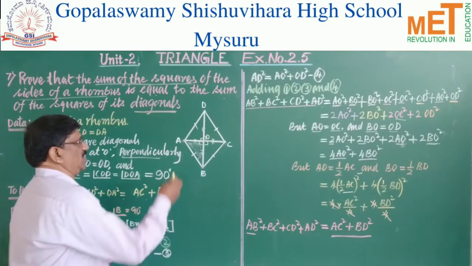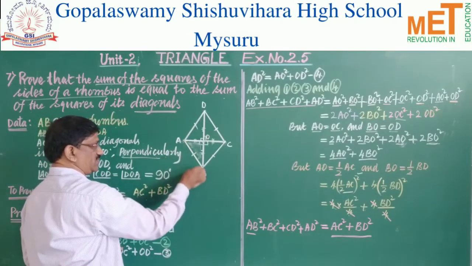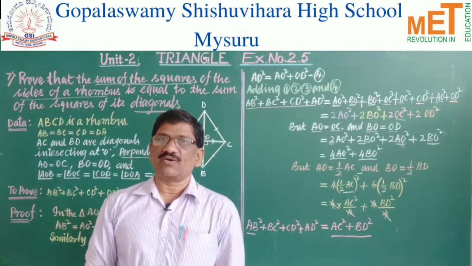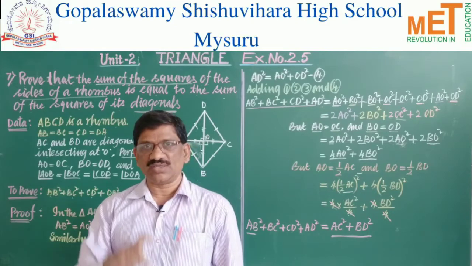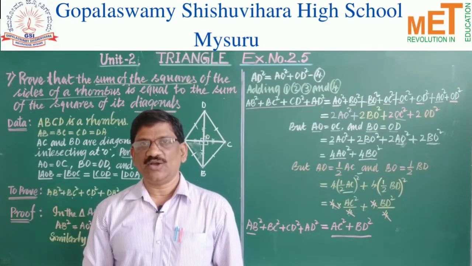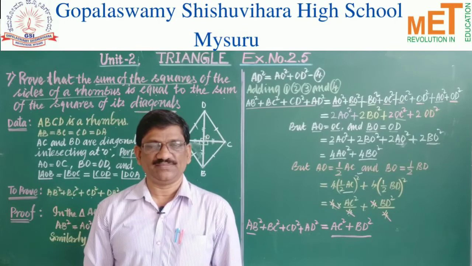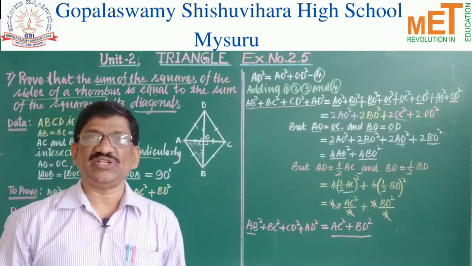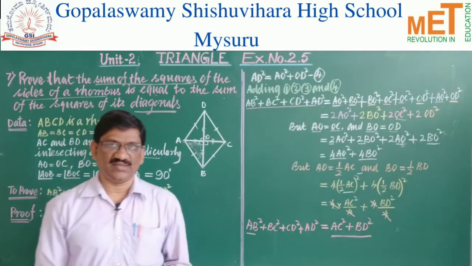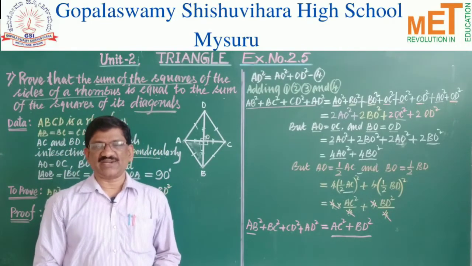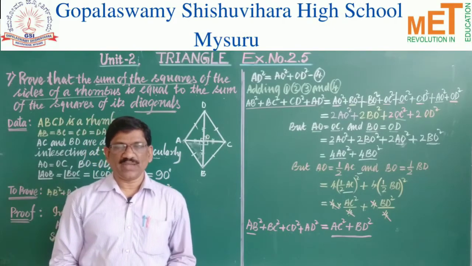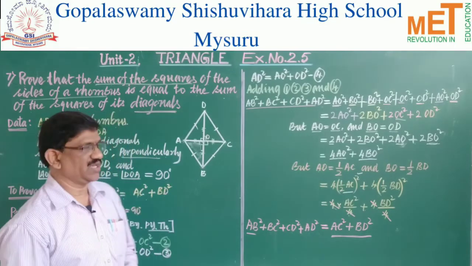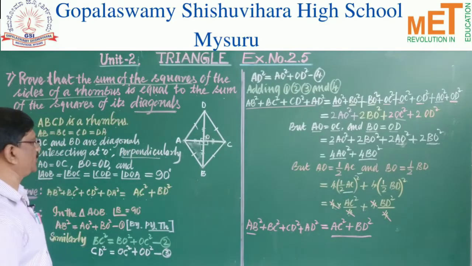That means if you take the sum of the squares of the sides, you know the properties of rhombus. So it is a quadrilateral in which all sides are equal and opposite angles are equal. Clear? And also the diagonals bisect each other perpendicularly. Diagonals bisect each other perpendicularly. Clear, children? You must remember the properties of rhombus also. Okay? Then it is very easy to prove that.